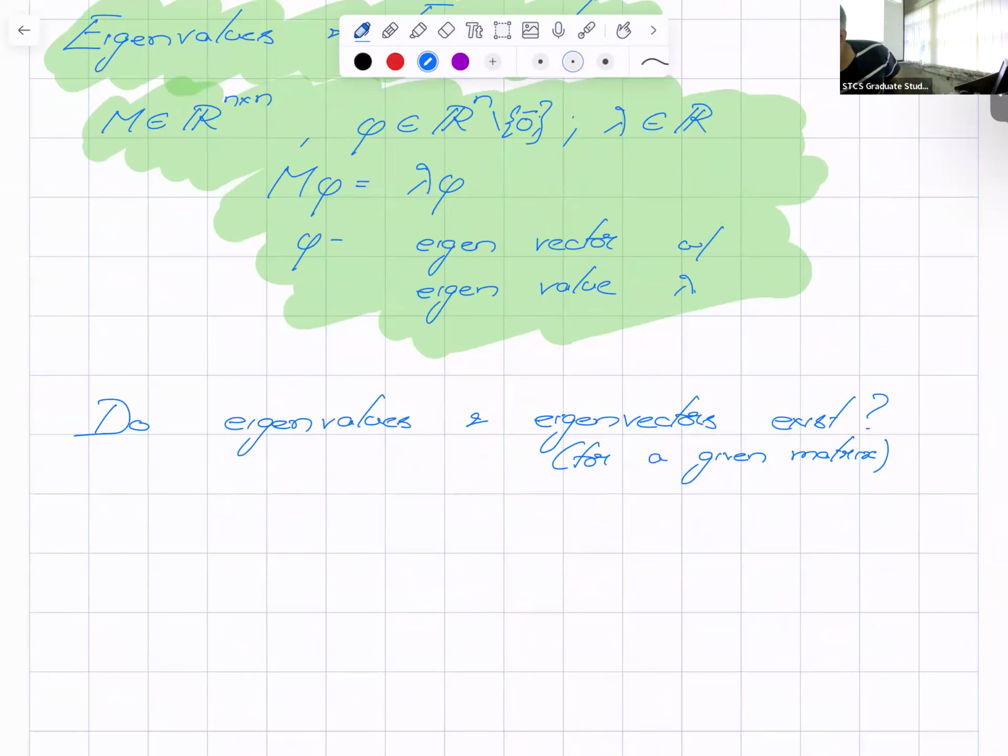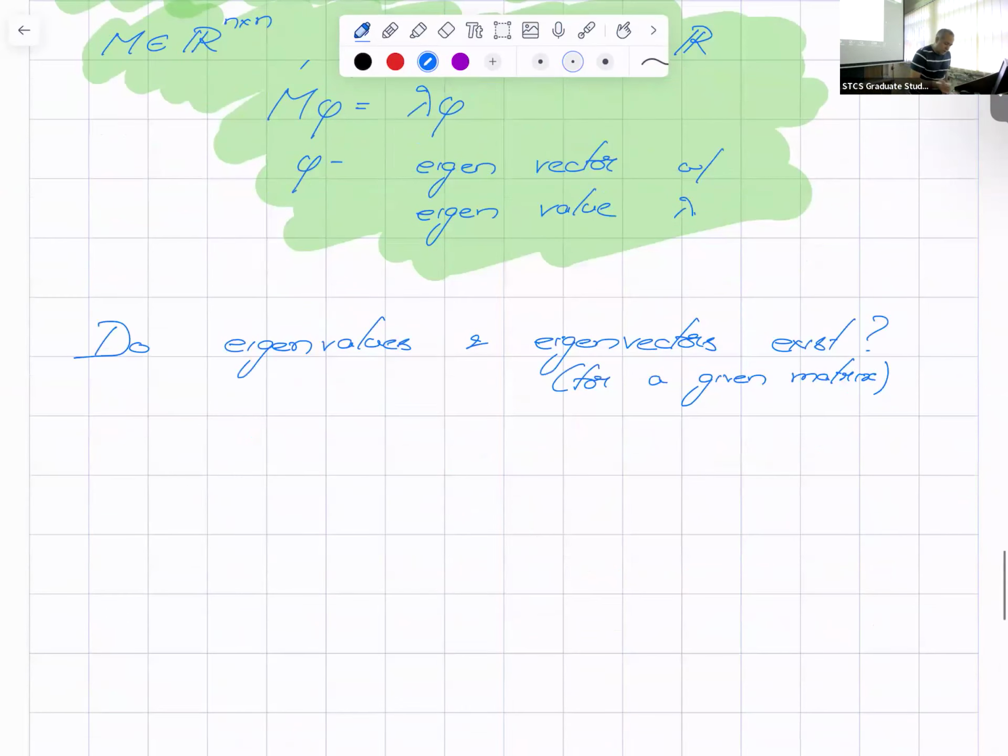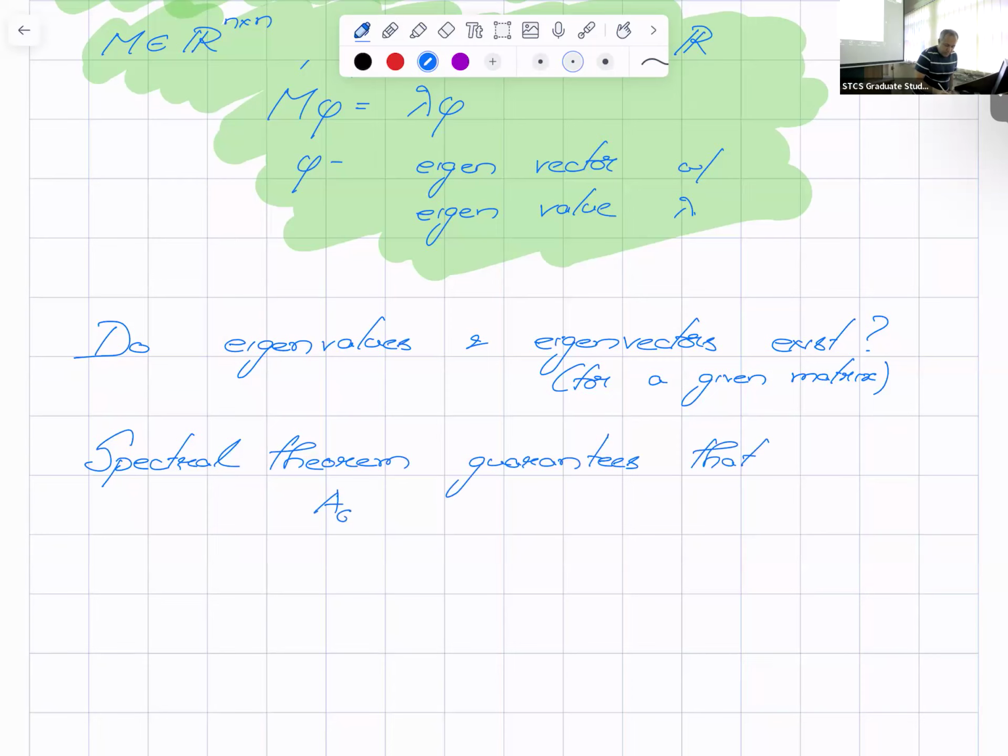And the spectral theorem is a stronger statement. I'll state the spectral theorem formally: A_G and L_G have a full eigenspectrum.